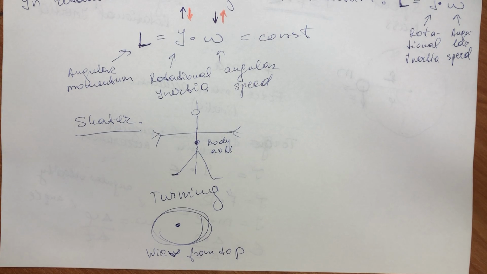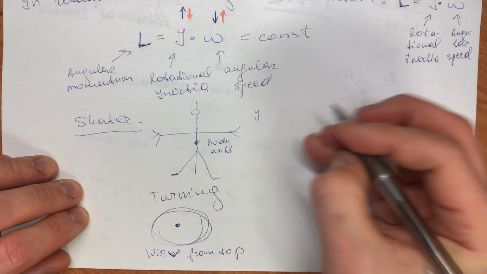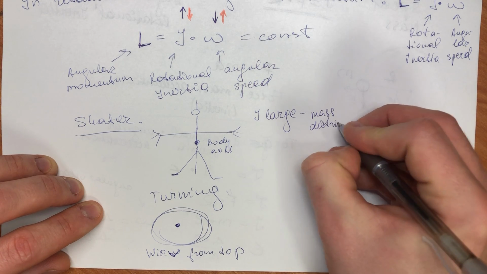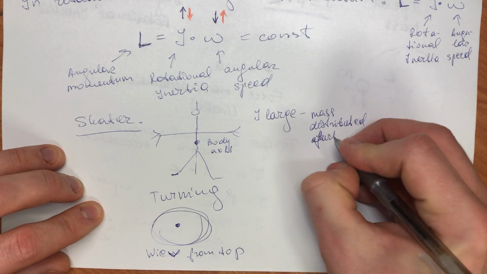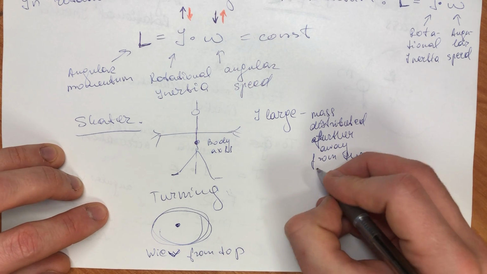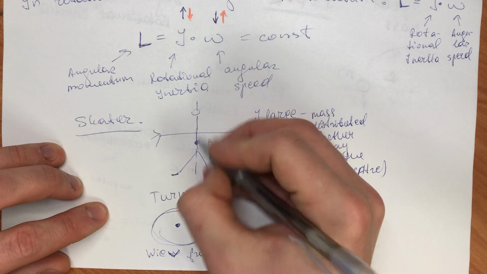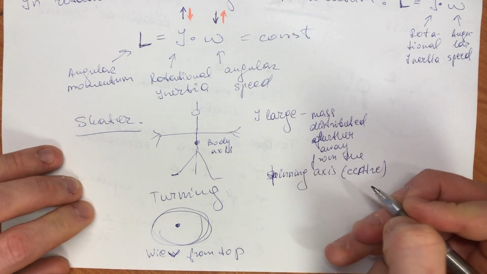In this case, when he is spinning around, I is large because mass is distributed further away from the axis, the spinning axis, the center.